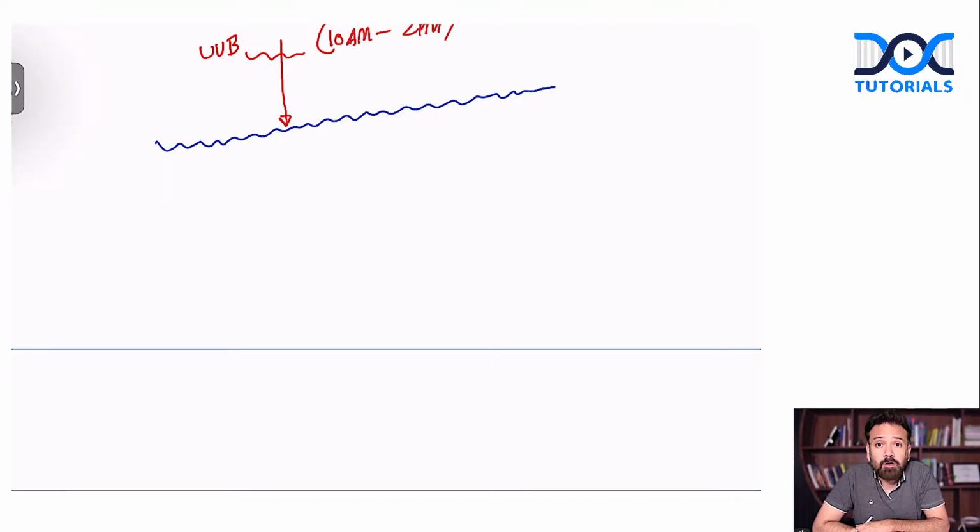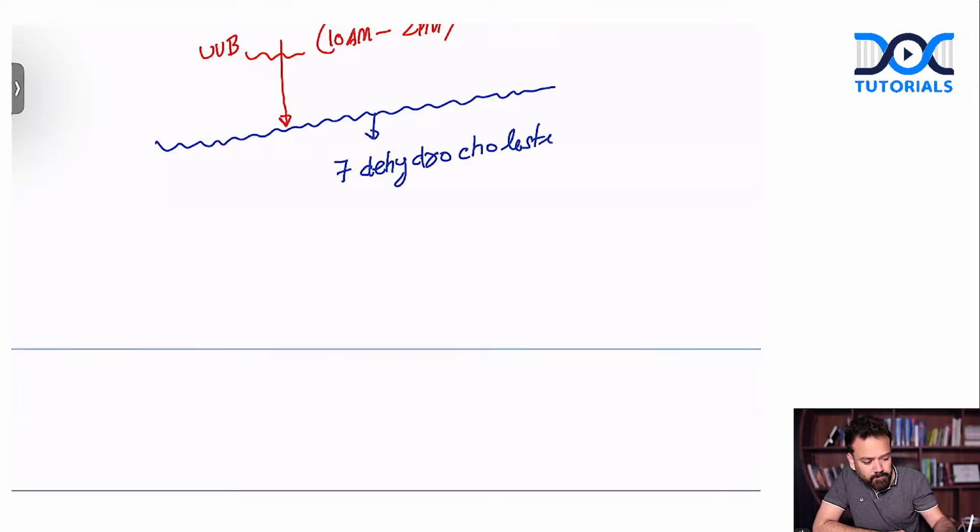The ultraviolet B rays important for vitamin D3 activation are mainly from 10 a.m. to 2 p.m. Skin has 7-dehydrocholesterol, a raw material present in your skin. When ultraviolet B rays fall on your skin, this is converted into cholecalciferol, and this is called vitamin D3.